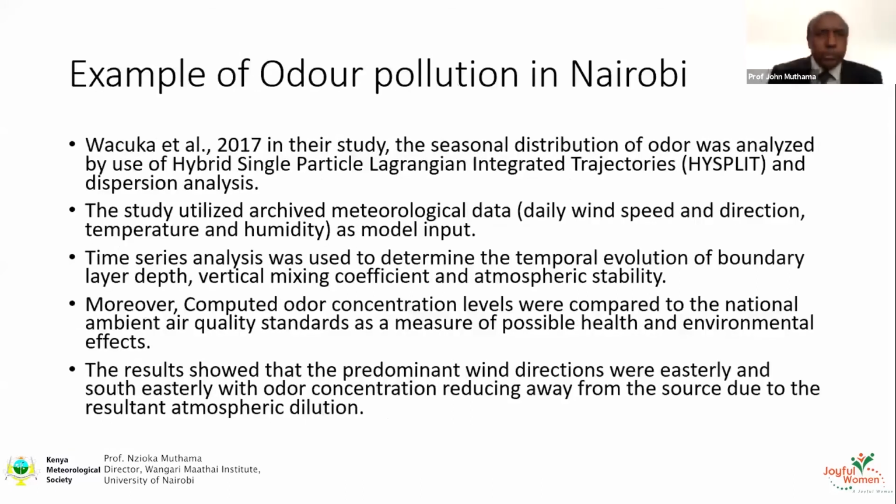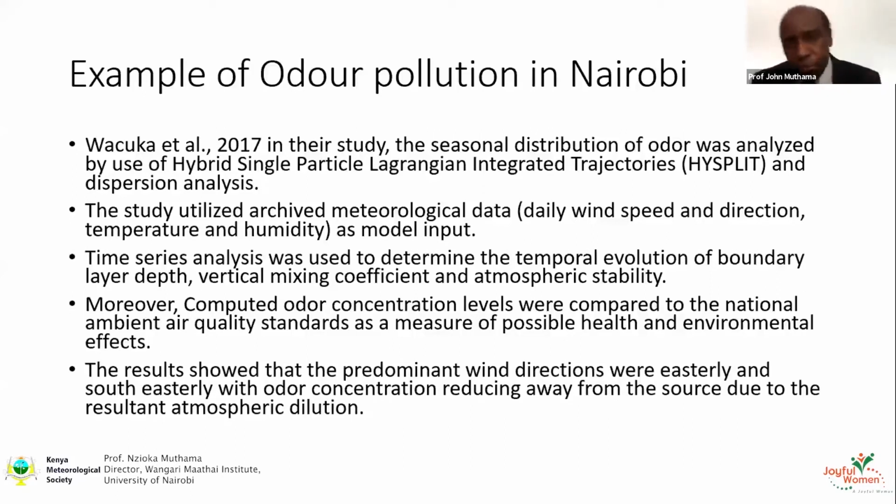So I want to use an example because I was checking around for pollution modeling studies, and I know there are several, but the one that I could quickly get was one on odor pollution in Nairobi, Washuka, 2017.